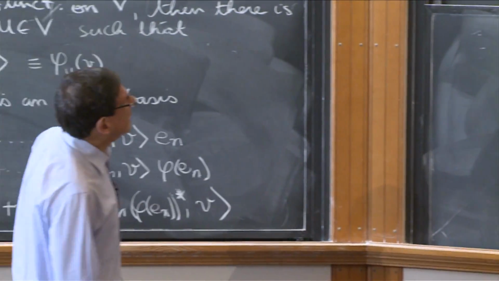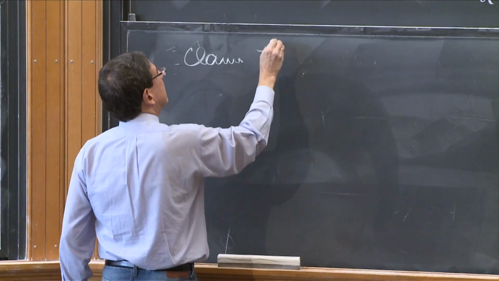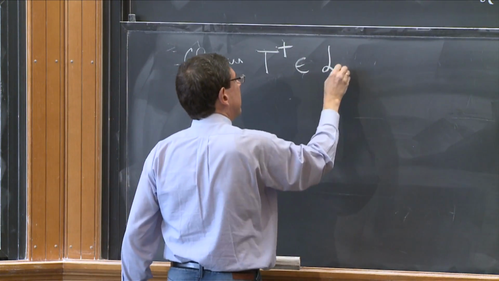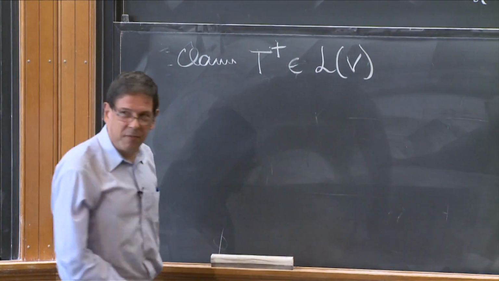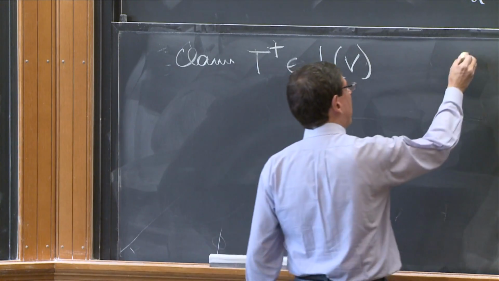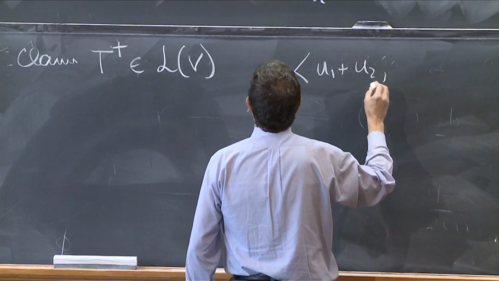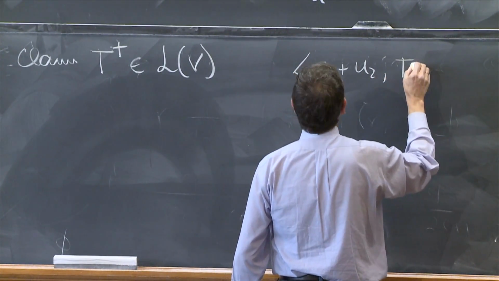So let's try to see why it is linear. So, claim: T dagger belongs to the linear operators on V. How do we do that? Well, we can say the following. Consider U1 plus U2 acting on TV.